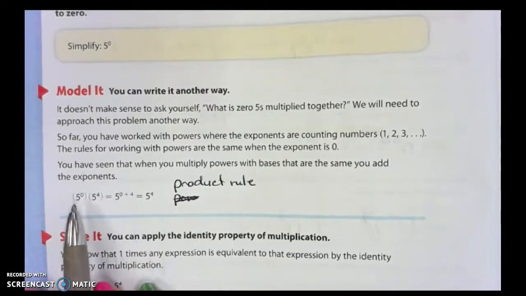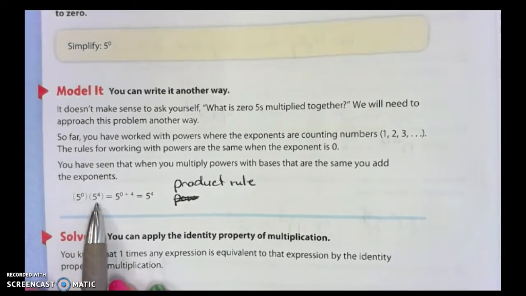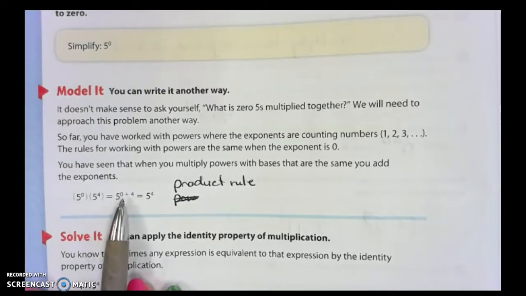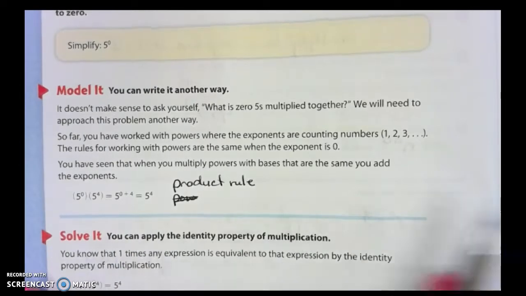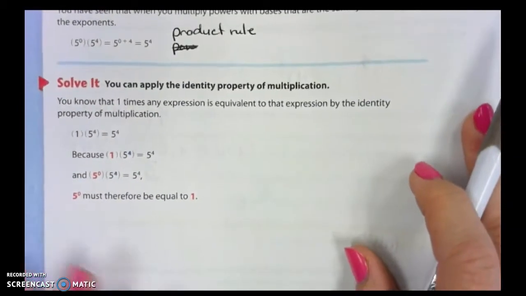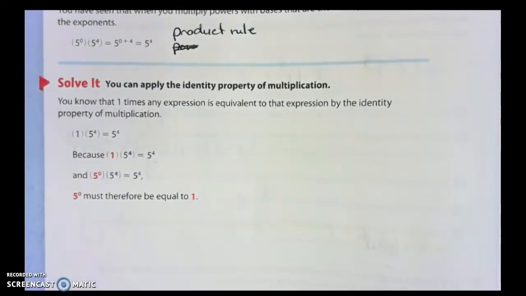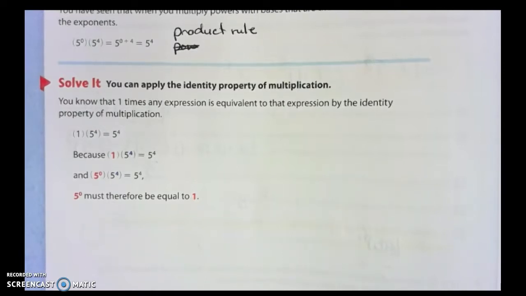This is the one where when we multiply 5 to the 0 times 5 to the 4th, we keep the 5, add the exponents to get 5 to the 4th. You can apply the identity property of multiplication. Now, you guys should remember the identity property.